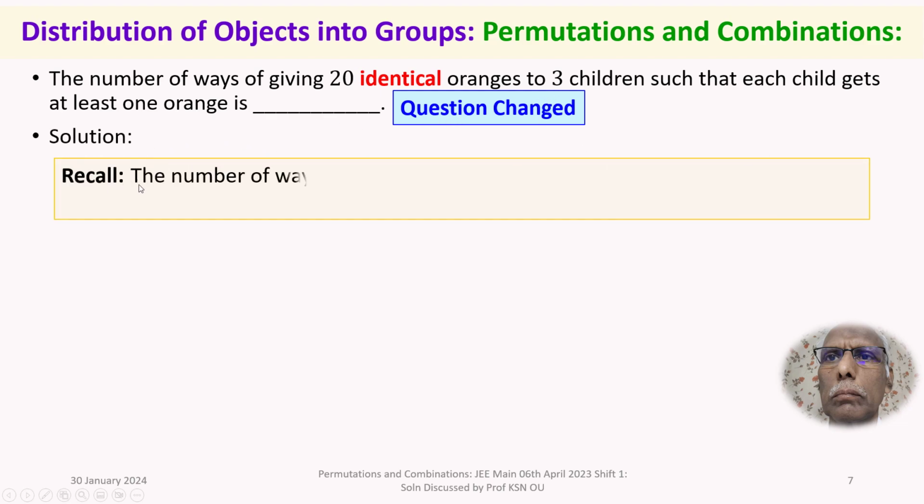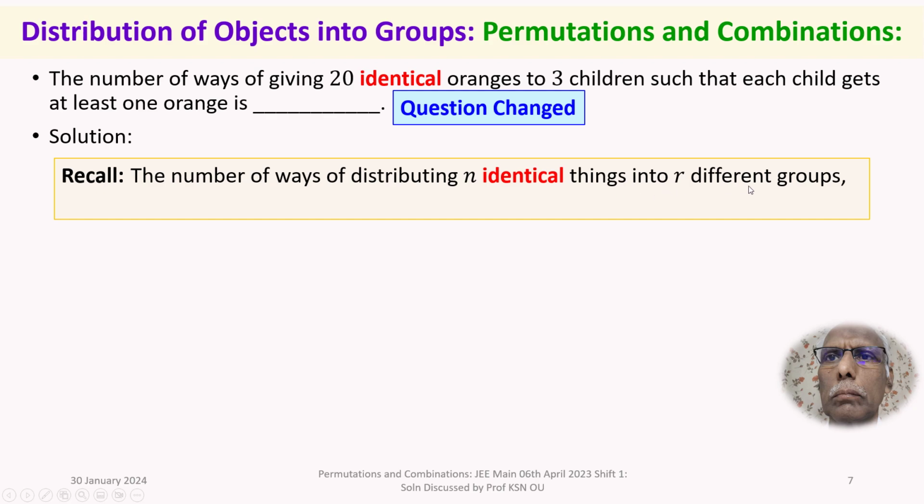We recall the number of ways of distributing n identical things into r different groups, if empty groups are not allowed, that means every group must get at least one object, is given by (n minus 1)C(r minus 1). So apply it here.